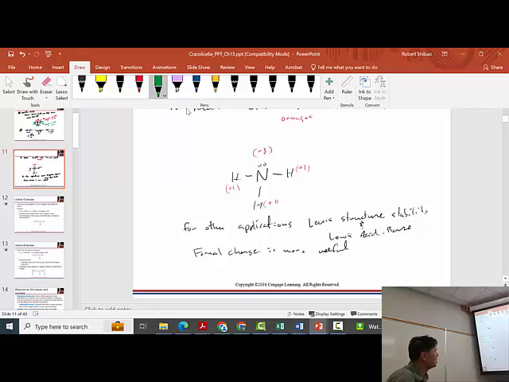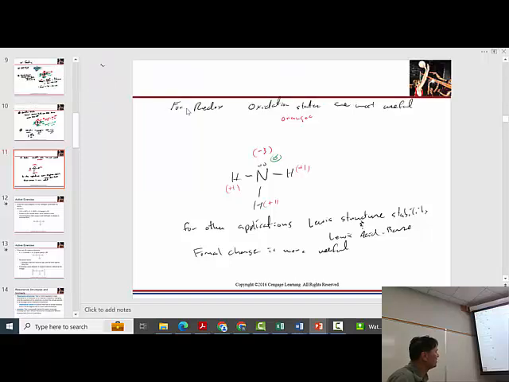So the formal charge on nitrogen is 0. On hydrogen, it's 0. On this hydrogen, it's 0. This hydrogen is 0. We'll call these apples.